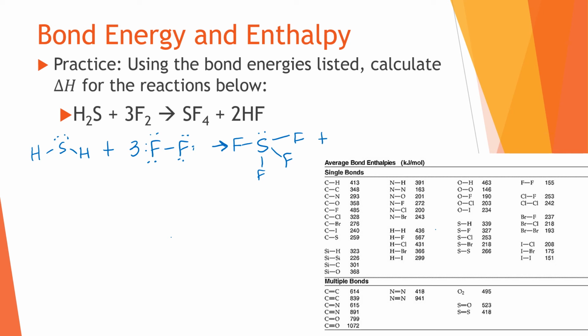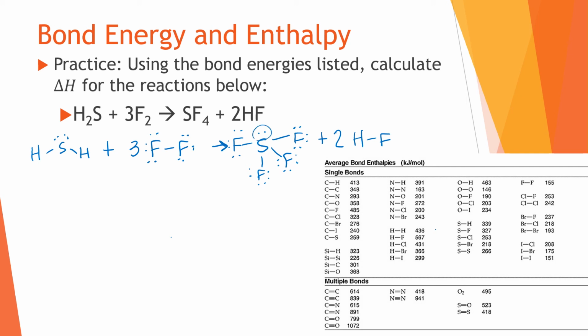Most likely, if you were given that one on a thermochemistry question, it would be drawn out for you. But when you fill in all of your electrons, you would notice that you had an extra 2 that you had to put right here.